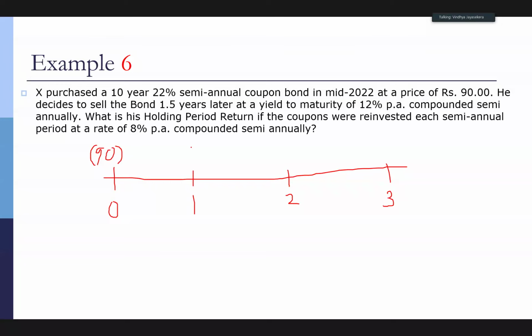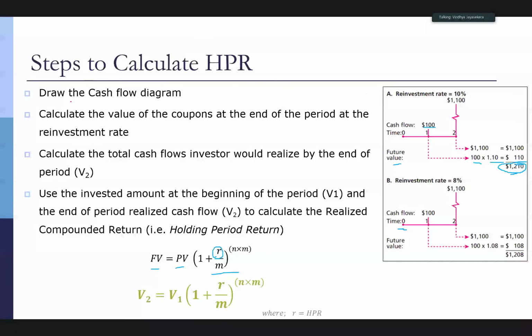You get a coupon of 11 rupees in the first period, 11 in the second, and 11 in the third, plus you sold it at 152.3863. These are your cash flows. So that's the first step: you draw your cash flow diagram.